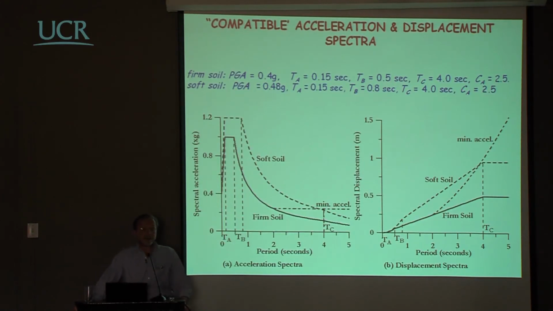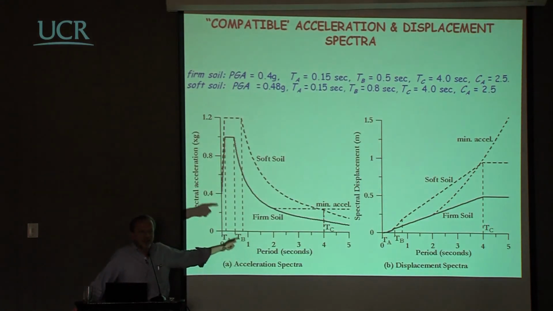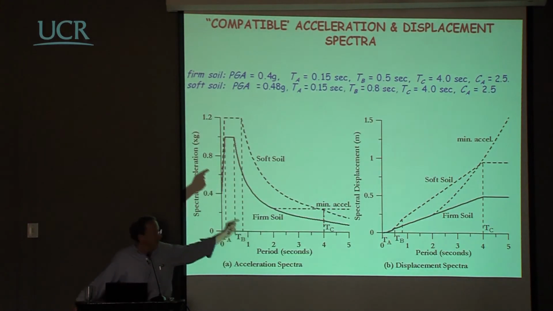And then, and this has been done in relatively recent time in acceleration spectra, there is a point where the code makers say, then go down with 1 over T to the square, and this has not been done for the acceleration spectra, has been done for the displacement spectra, to have a cut at the level of the displacement demand.